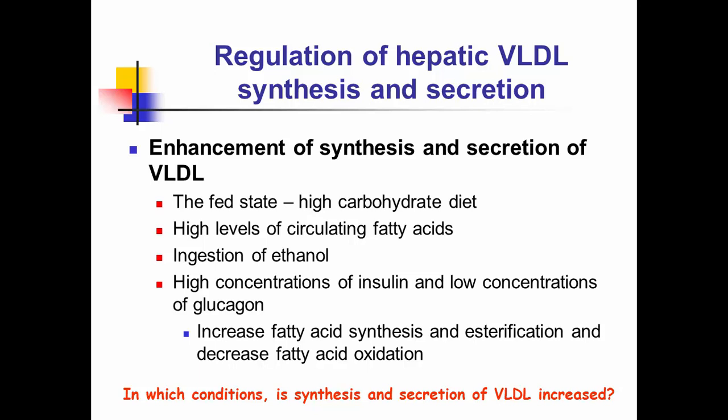So under the second condition, we have three situations that can cause an increase in the circulating fatty acid levels. First situation, fasting; second situation, consuming a high-fat diet; and last is the diabetic condition, diabetic patients, right?